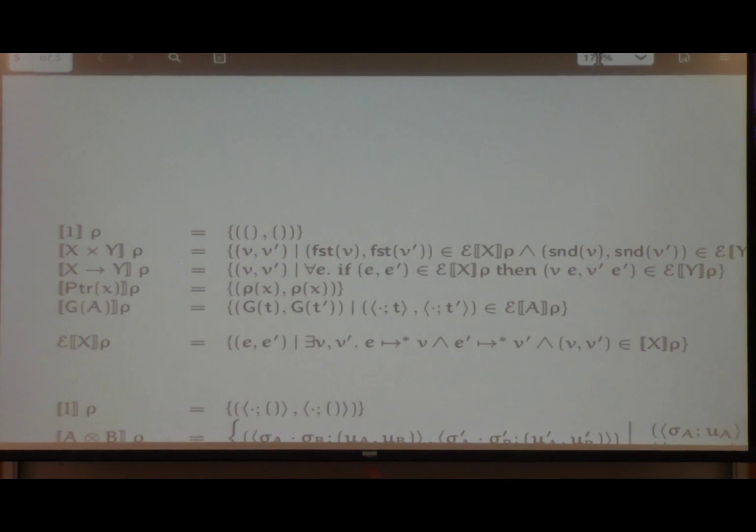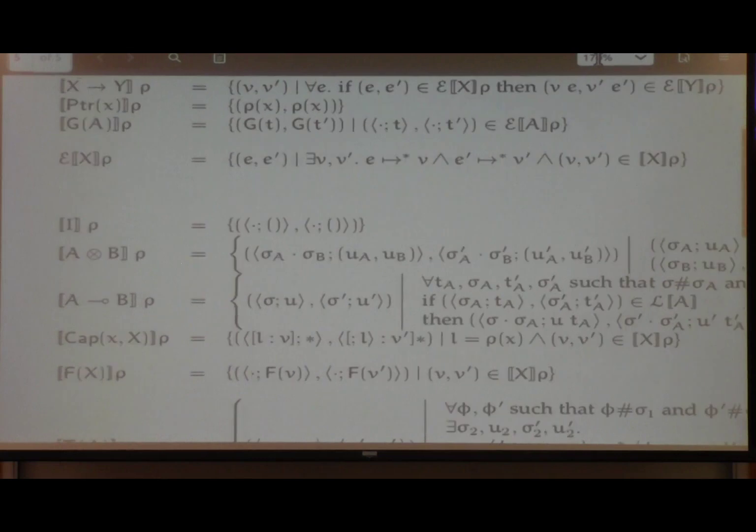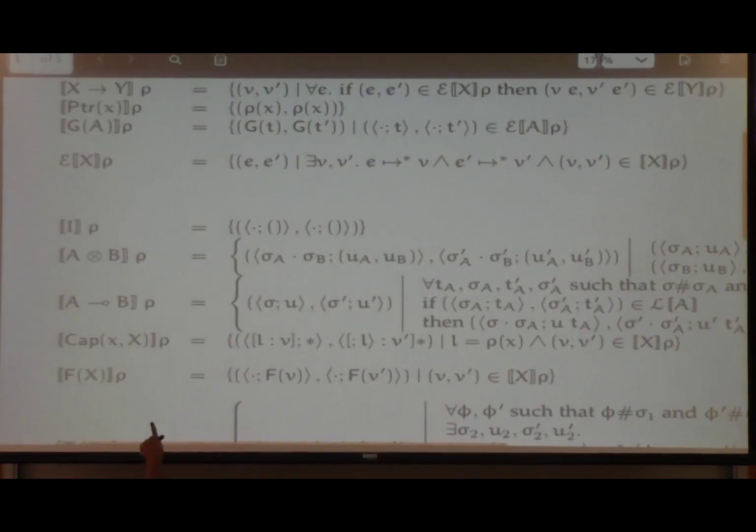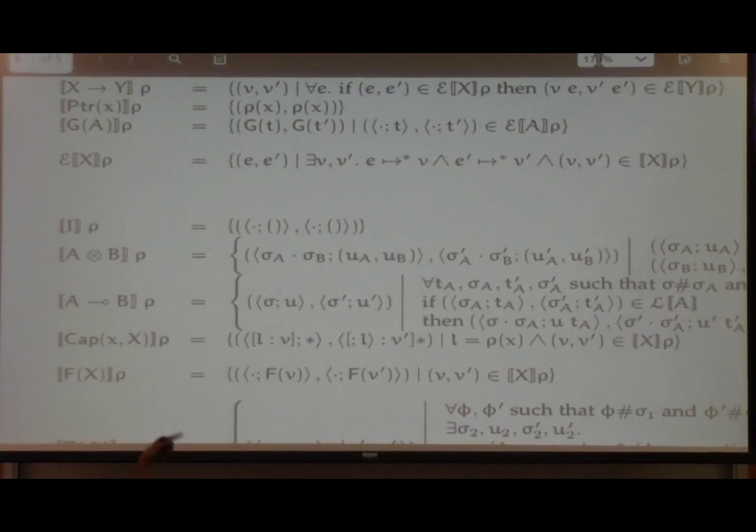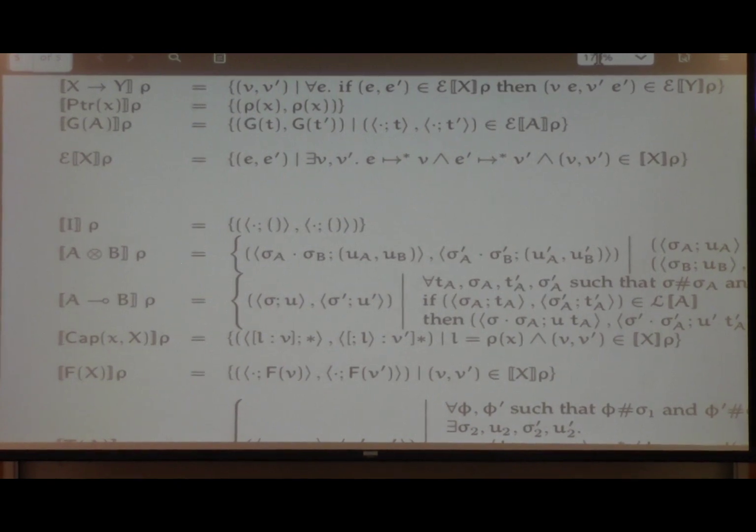And then once we have the intuitionistic types, then mutually recursively, you can see we'll also interpret the linear types as well. And the main difference is that instead of relating terms, we'll now be relating machine configurations. So let's look at functions, for example.